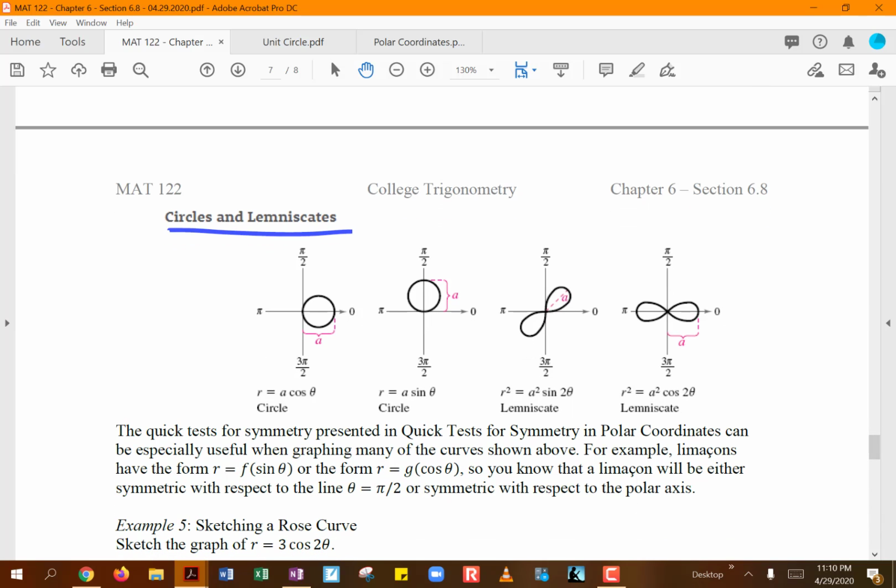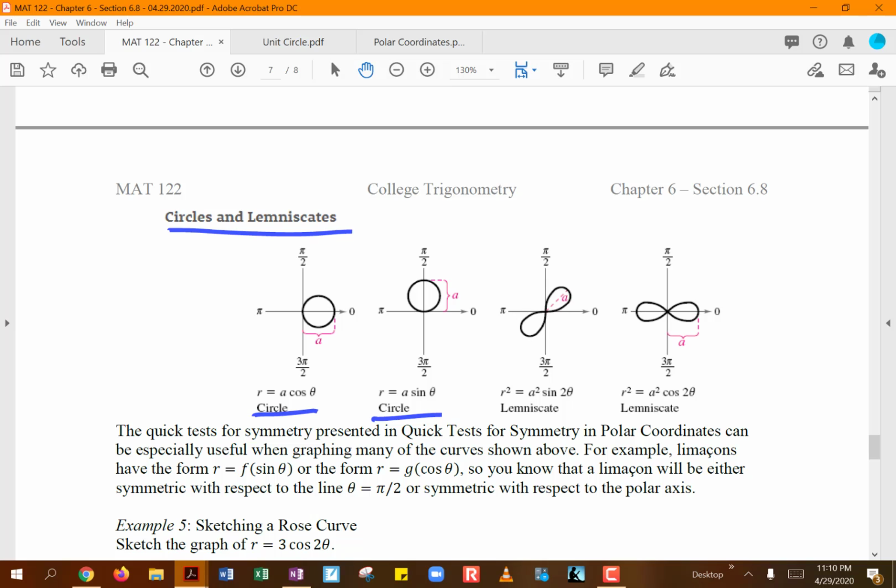Of course, we can have circles, and we talked about circles in example 1. So here you have a circle when this is a times cosine of theta, and you have a circle when you have a times sine of theta. And then you have what we call the Lemniscate shape, which is basically like a figure 8, or think about it as your infinity symbol.